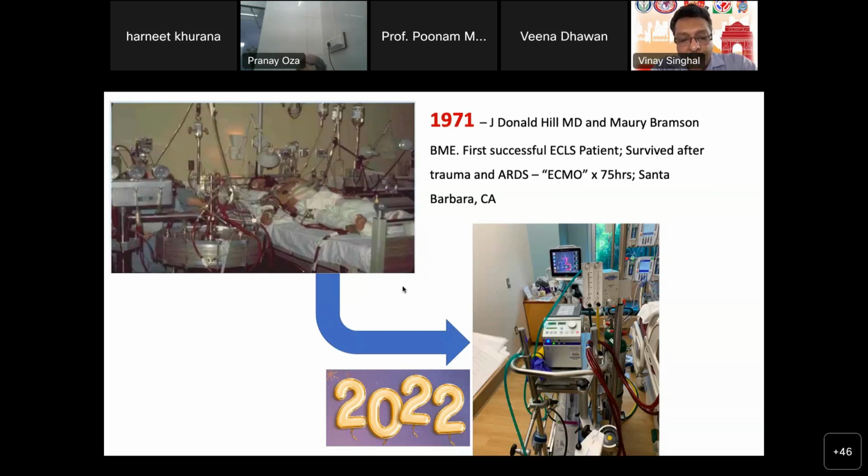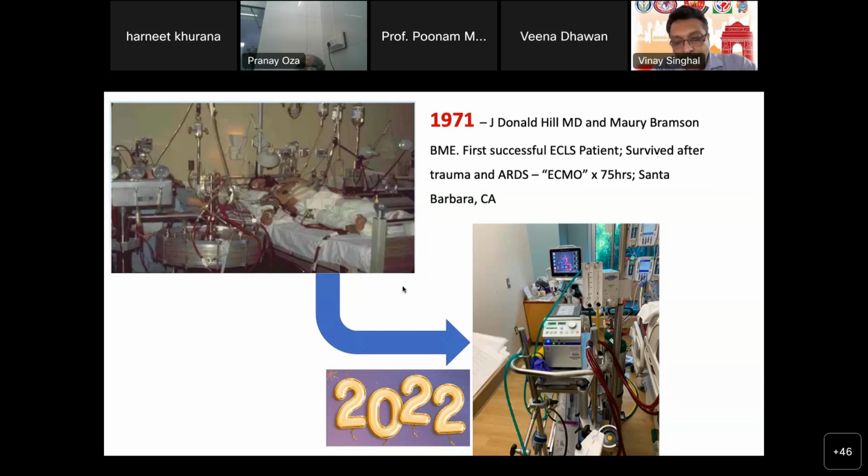But I can share my experience. Around 2010 we used to talk about how we can think of ECMO, that it's so costly and all these things.